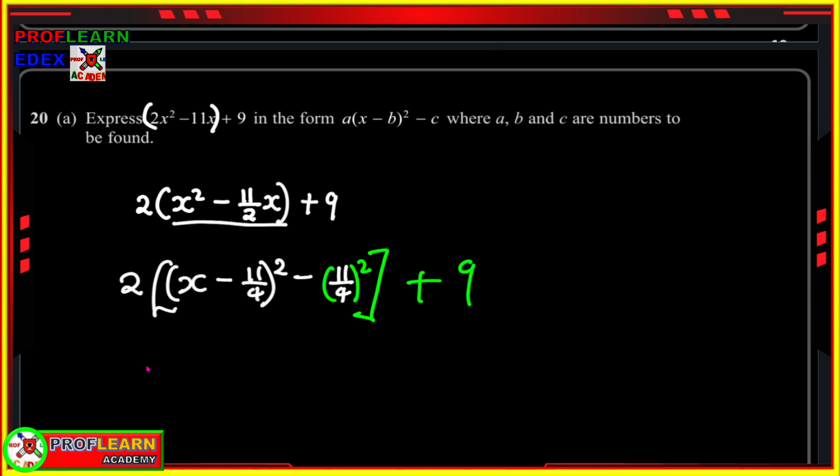Plus 9, and that is going to be 2 into x minus 11 over 4 squared minus 121 over 16 times 2. So that becomes 121 over 8, because this 2 is going to be multiplied by that answer you get. Then we shall say plus 9.